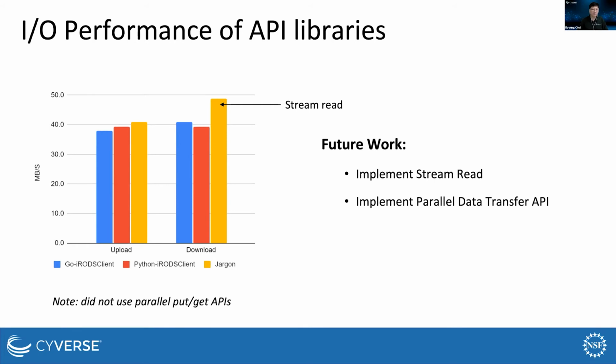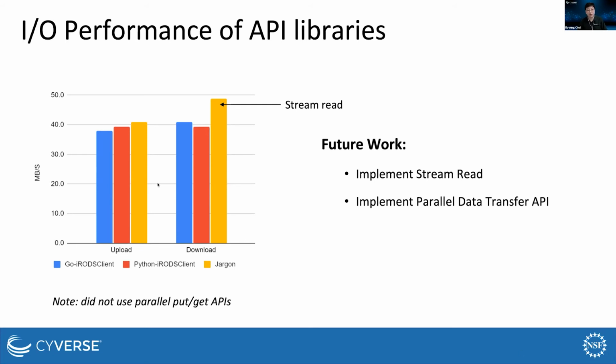It showed very good performance for file download. We think this is because it uses stream read. That's how I/O works: parts of data can be read as soon as they arrive in stream read.